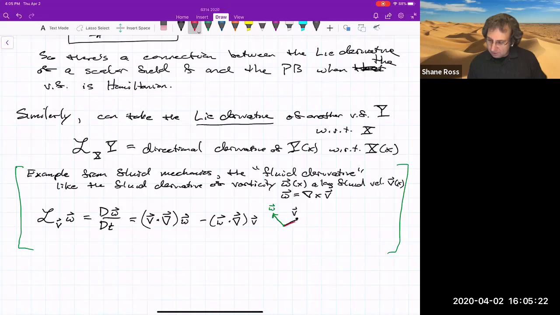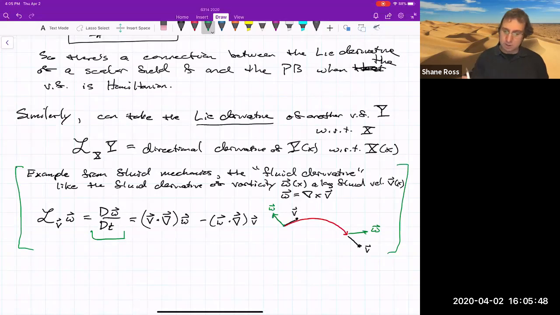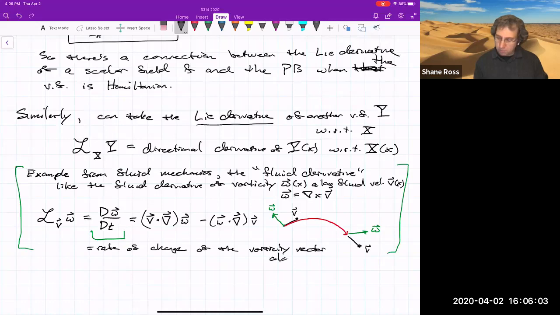And this thing will evolve. Here's like a fluid parcel moving to a new location. The velocity over here has to be tangent to our path. And how does the vorticity change along there? Well, you would calculate what in most books is written that way, but it's a Lie derivative. It's the directional derivative of one vector field with respect to another vector field. This has the interpretation of the rate of change of the vorticity vector along fluid paths.